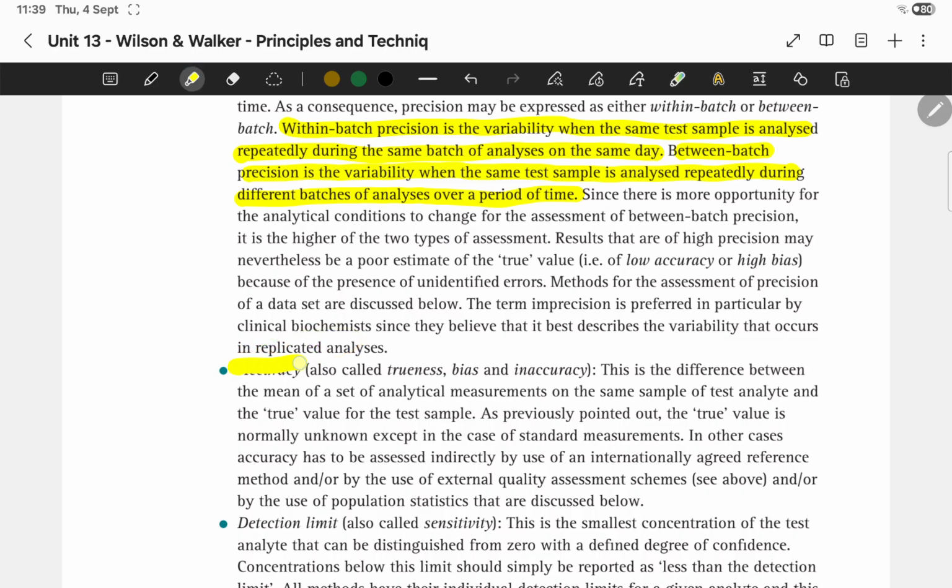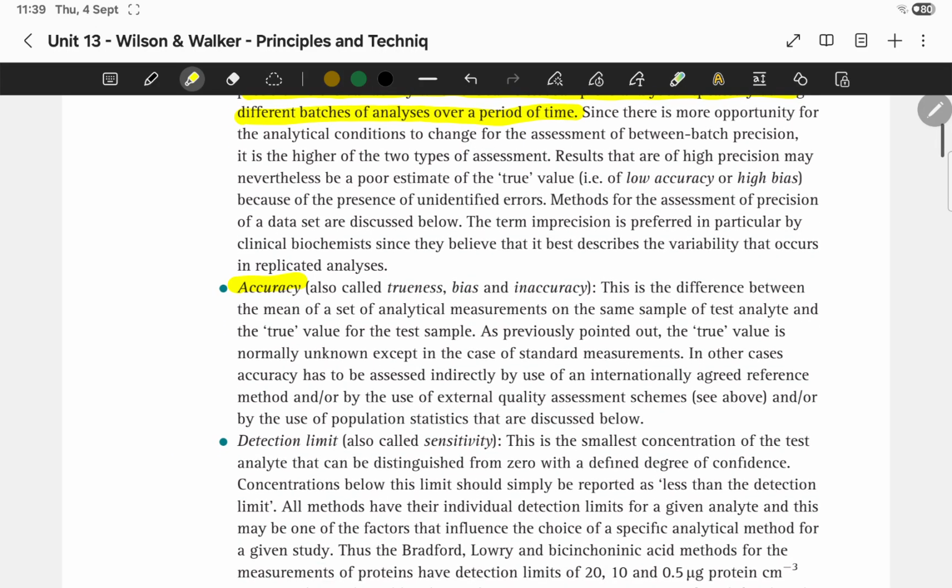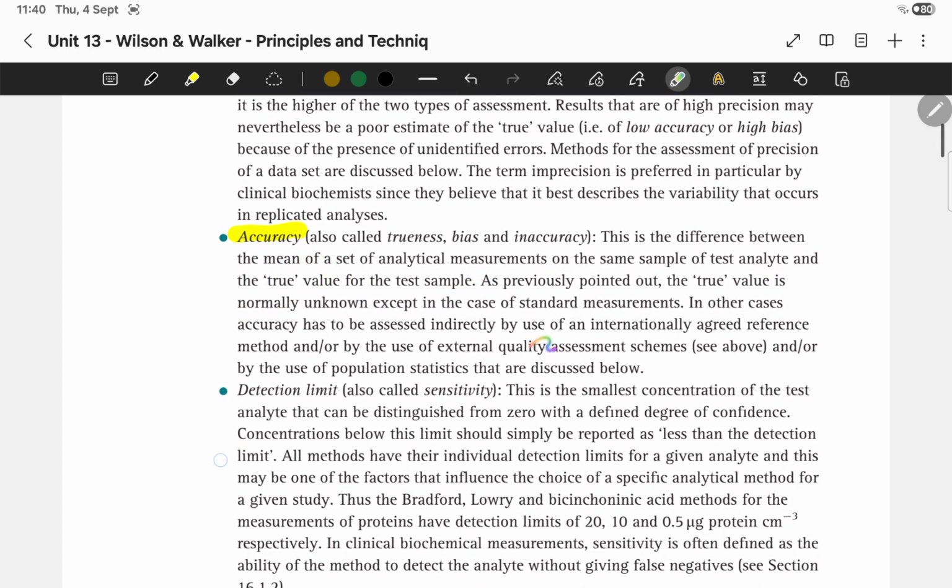Number 2, accuracy. This is the difference between the mean of the set of analytical measurements of the same sample of test analyte and the true value of the test sample.